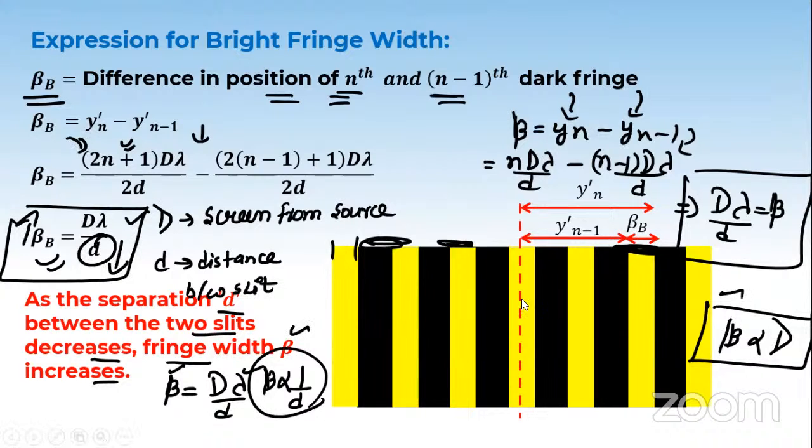Suppose all four options are given: first, fringe width is proportional to the distance between the screen and the source; second, it is proportional to 1 upon d, or inversely proportional to small d, the distance between the slits. If it is a multiple select question, you have to select these two. I hope it's clear.